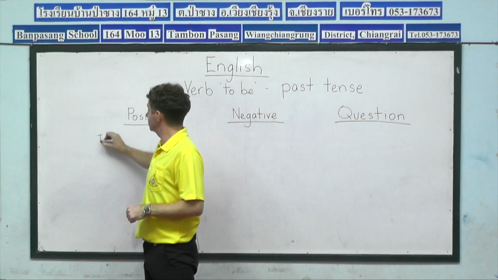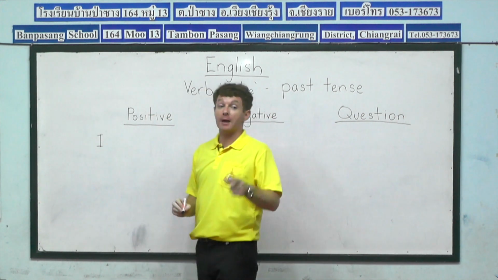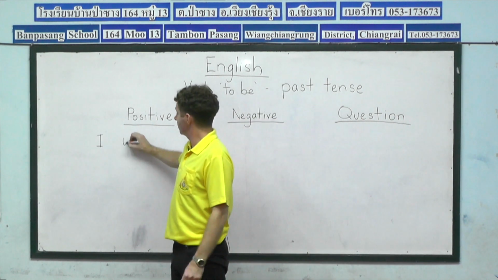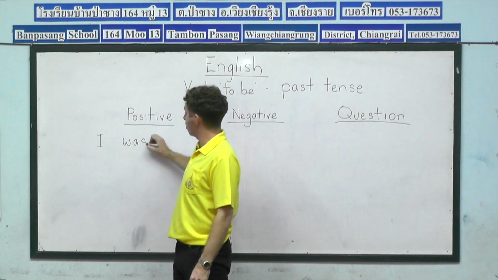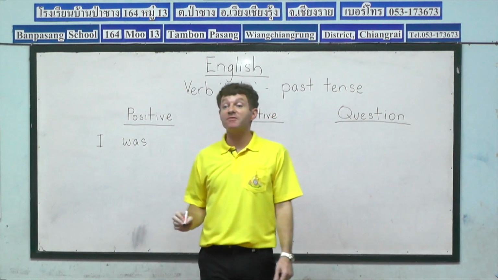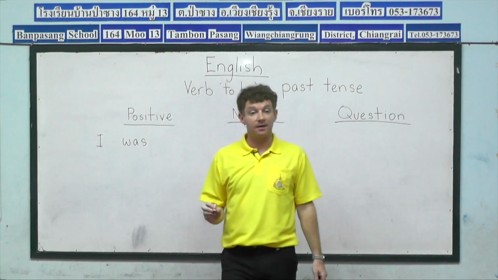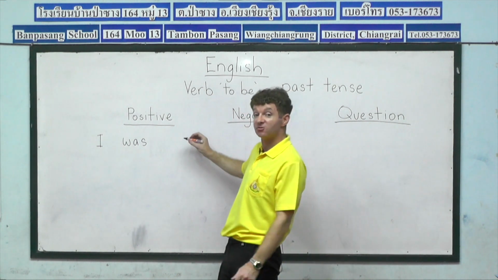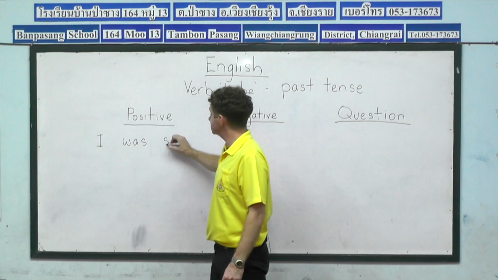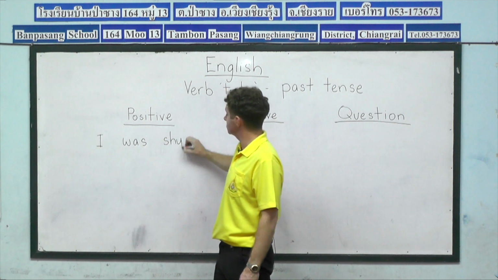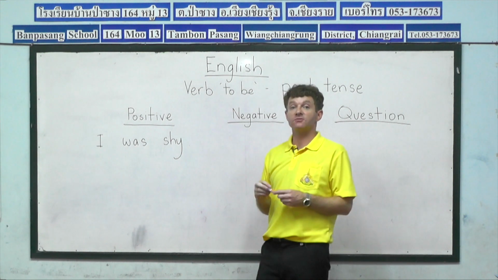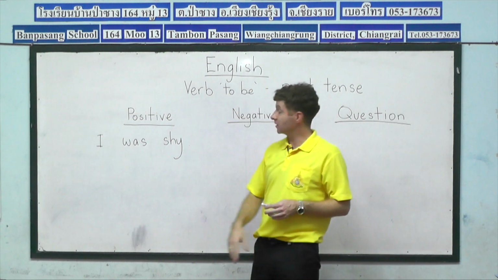So I, if we use the subject pronoun, what do we use? Was. I was. And does anybody have an adjective for me? Shy. Okay. How do we spell shy? S-H-Y. I was shy.